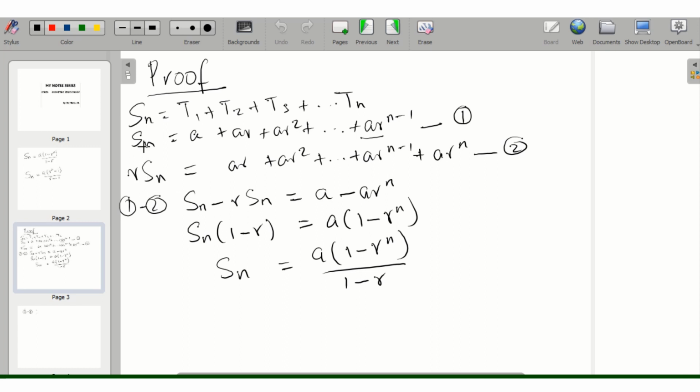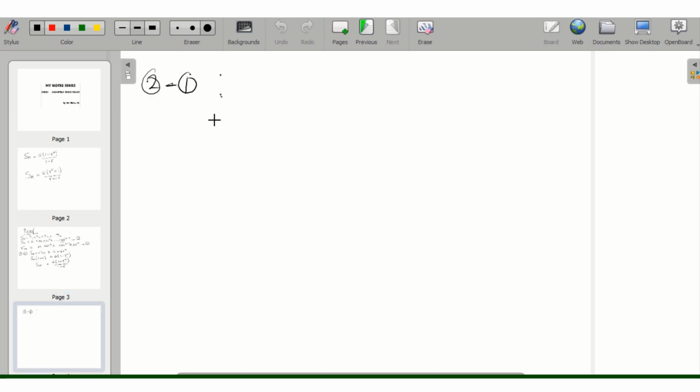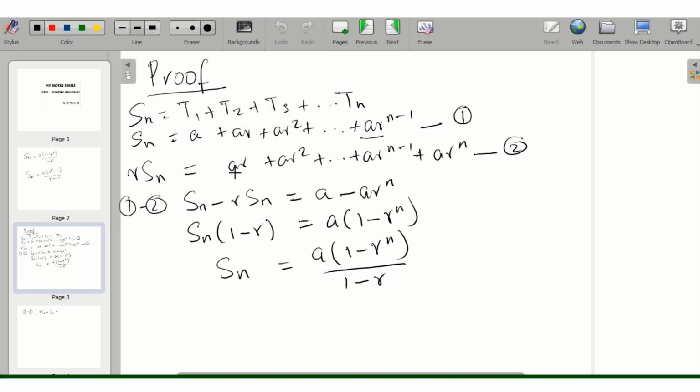So rSn minus Sn equals, 0 minus a will be minus a, and the middle terms will cancel up until we have ar to the n minus 0, which would be just positive ar to the power n.